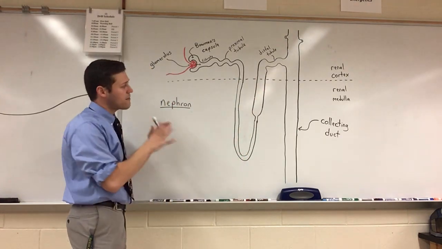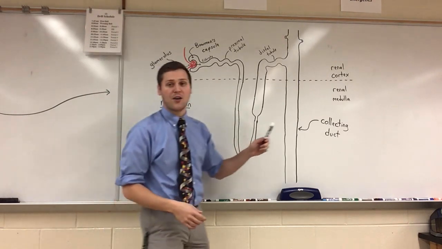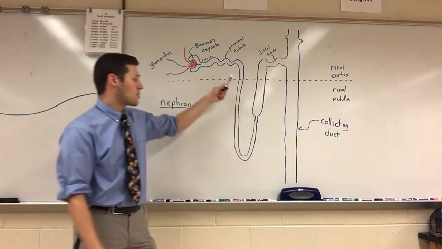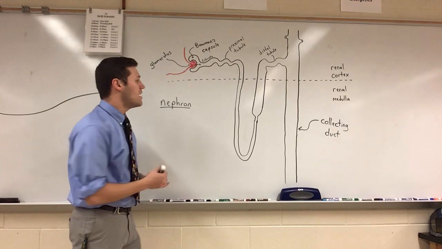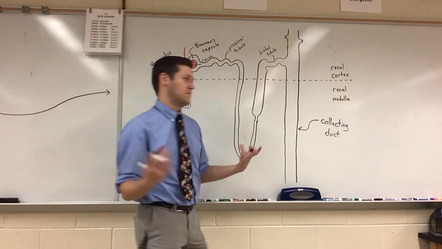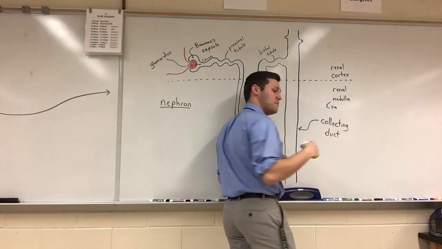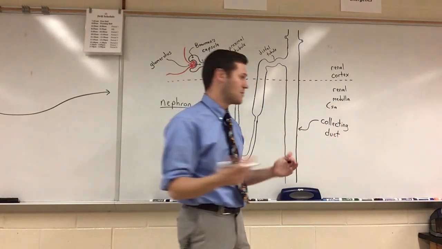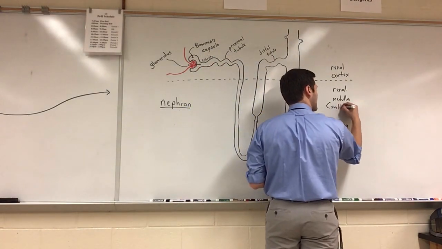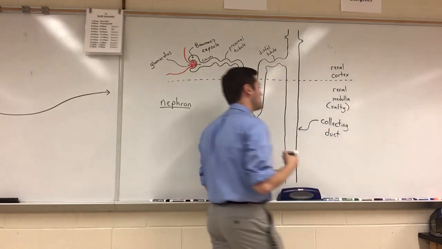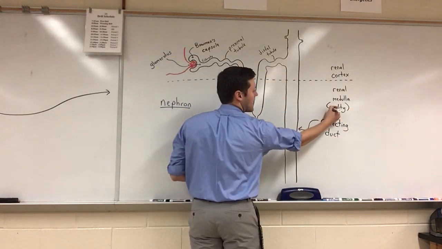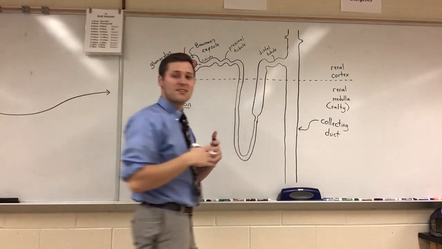So the way a nephron works is the renal medulla, which is where the loop of Henle is located, is very salty. It has a high sodium concentration in particular. So I'll just put salty. And the renal cortex is less salty.